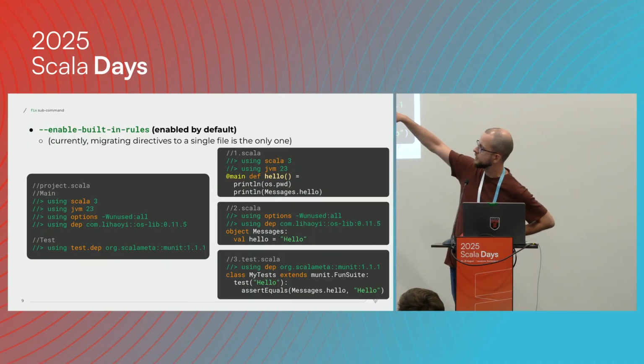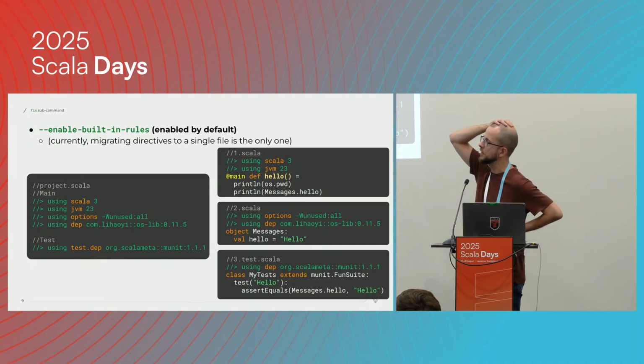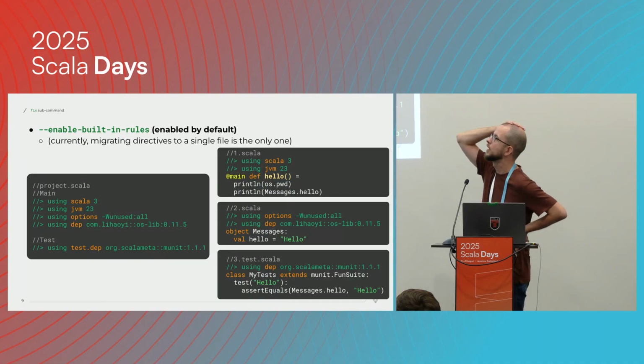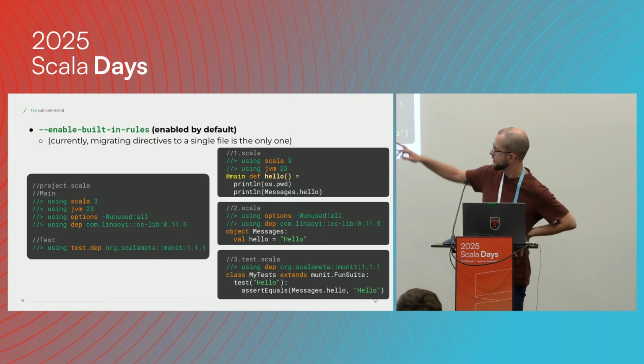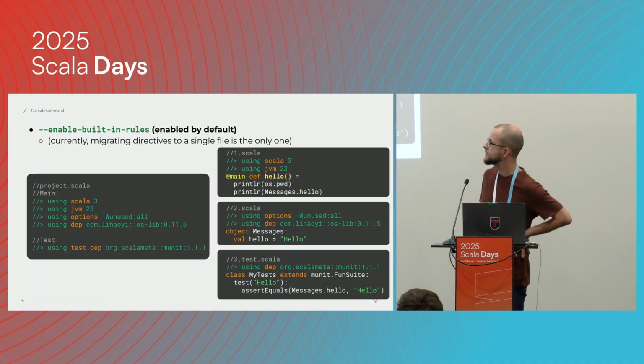So the resulting directives are saved into the project.scala file, which is included in your project root directory. And the directives in it are separated by scope. So the main scope stuff is the Scala version, JVM, compiler options here, and the dependency on os-lib. And then there's the test scope where the dependency on munit lands.